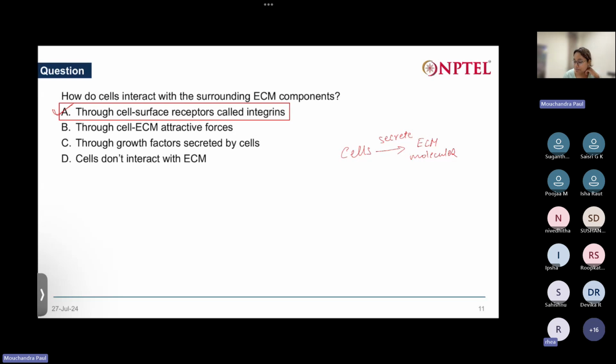Some examples of ECM molecules are collagen, fibronectin, etc. These ECM molecules have particular sites present in them. They are very large globulin-like proteins. They have sites for binding to growth factors. Then they also have some special sites called cell binding sites.